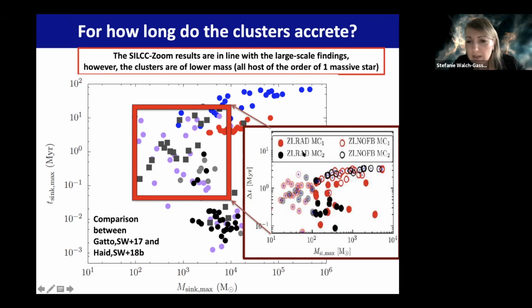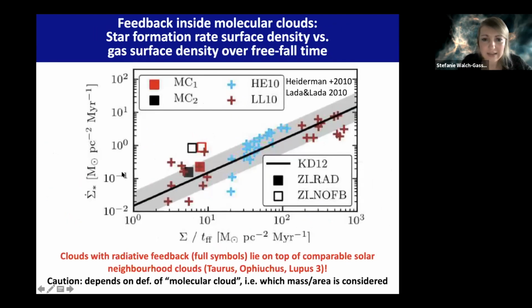However, in the runs with feedback, we start to trail off towards lower and lower accretion timescales as we have more massive sink particles. These over here are still accreting and have not yet formed a massive star, so this is a population which is absent in this plot. This shows that there is a nice connection between the small-scale and large-scale simulations, and that we can kind of trust the output from the large-scale simulations in this context.